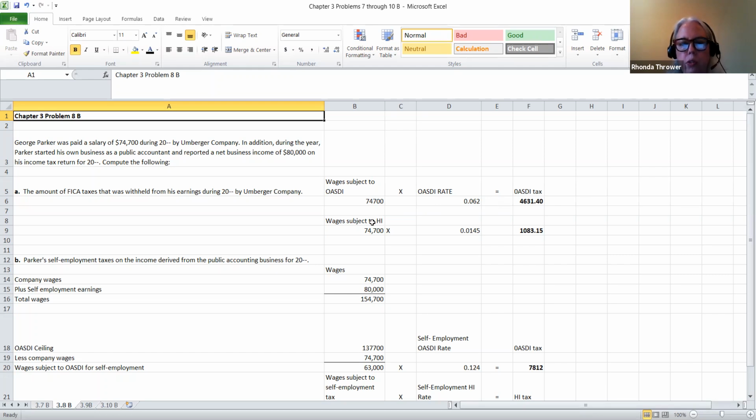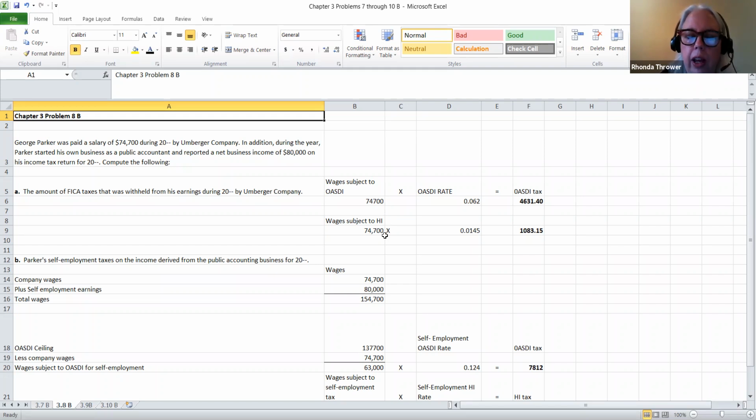The wages that are subject to HI, which is your Medicare portion or your hospitalization insurance, that's what HI stands for. All of these wages are subject to that because there's only a ceiling for OASDI taxes.